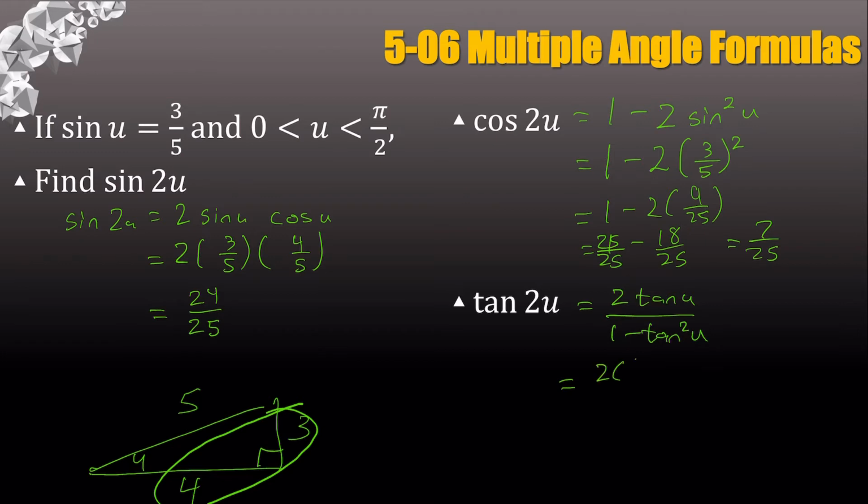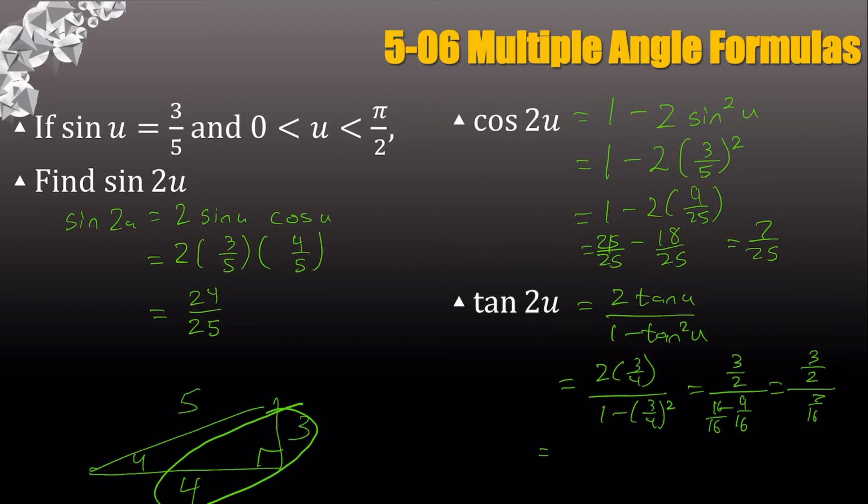So it'd be 2 times 3/4 over 1 minus 3/4 squared. On the top, that's 3/2. On the bottom, that's 1 minus 9/16. Common denominator would be 16/16, so 16 minus 9 is 7/16.